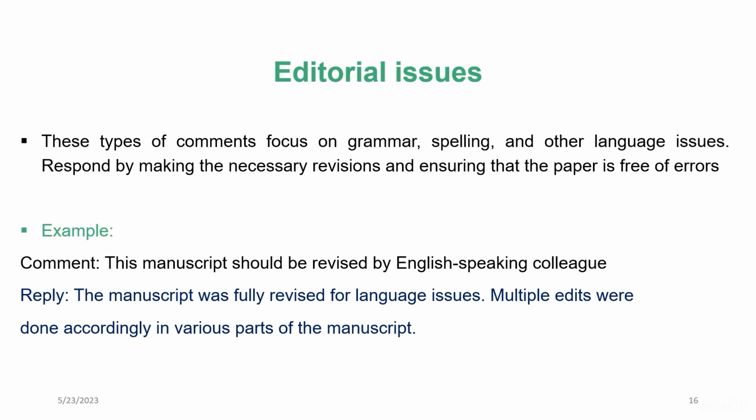Try to format your manuscript based on that author guide. However, sometimes reviewers might catch some grammar or spelling mistakes, specifically if the writers of the manuscript are not native English speakers. So here is a comment suggesting revising the English language of the manuscript, and the author replied that they revised the language issues and made multiple edits as suggested.